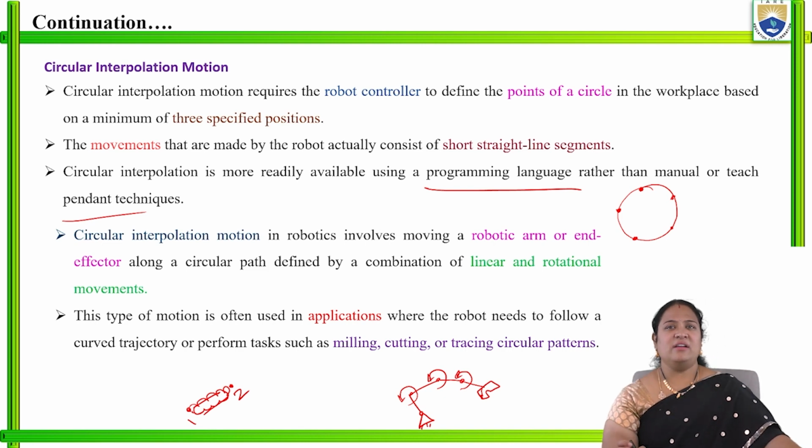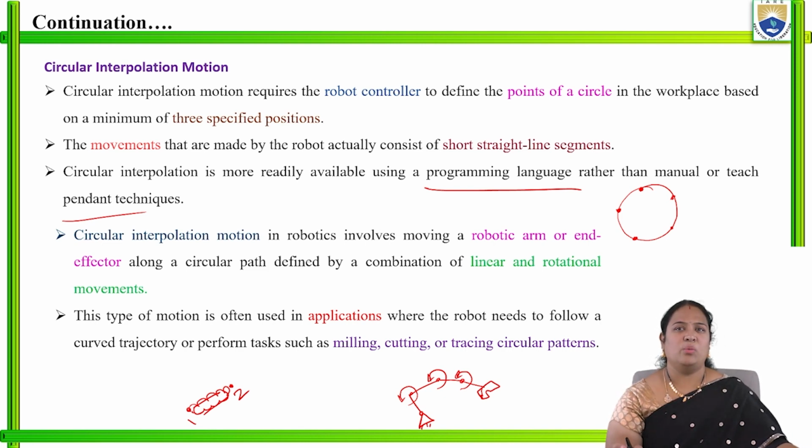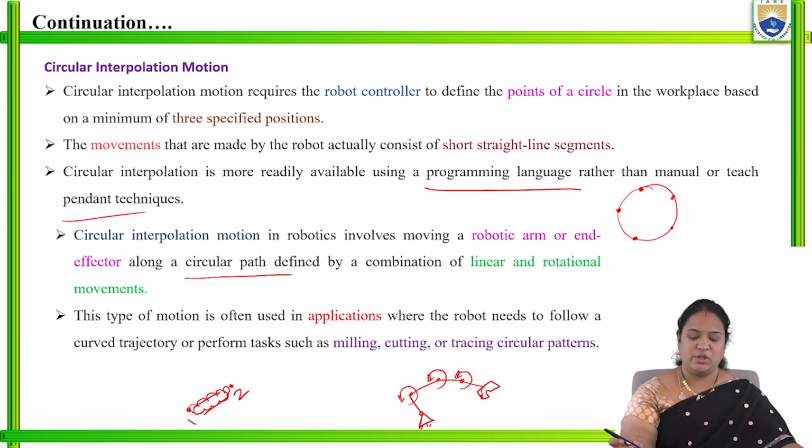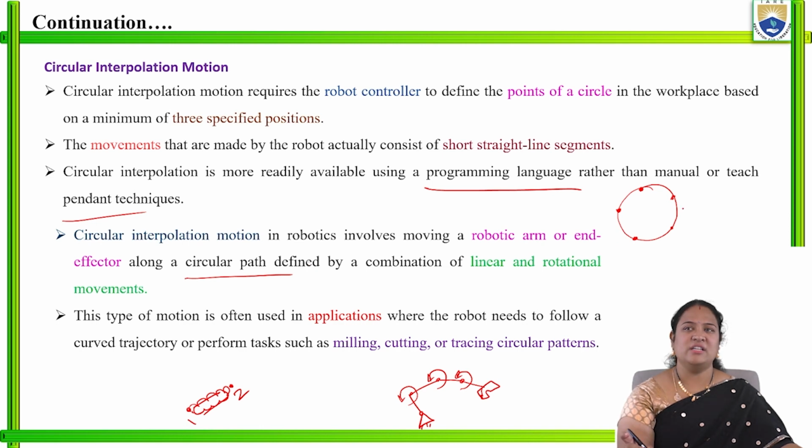That is, the circular interpolation motion in a robot involves moving the robot arm or the end effector along a circular path, as I've told you. Along the circular direction, the end effector movement will be done, where all this programming will be given to the robot controller in the form of a programming language.